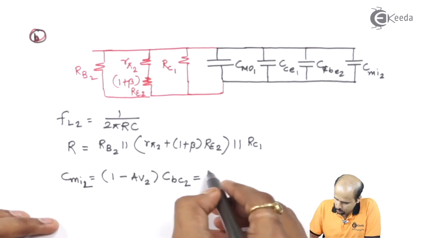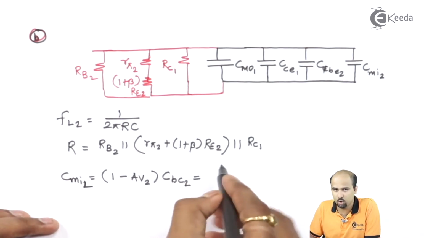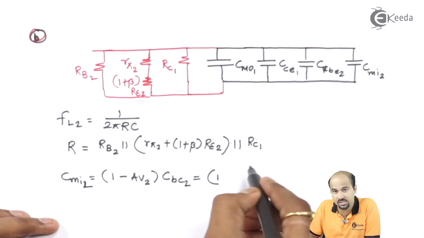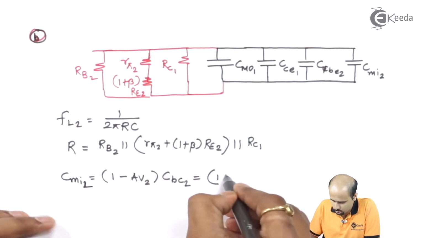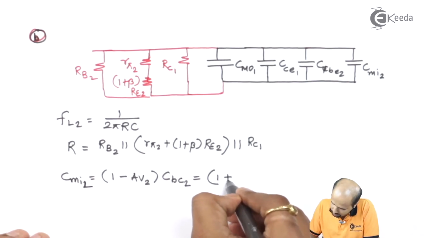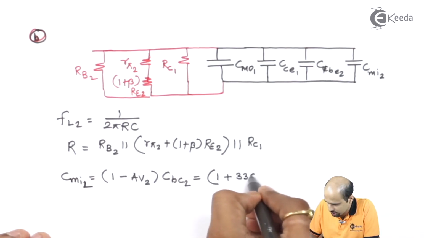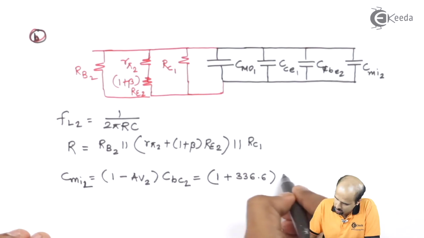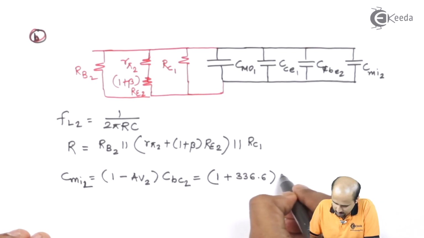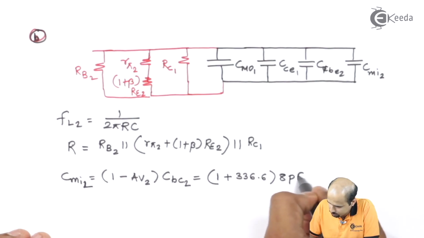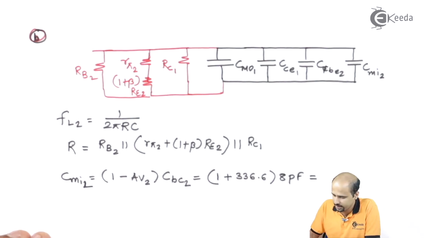We have the value of this AV2, that is nothing but minus 336.6. So with the minus becoming plus, it is 336.6 multiplied by CBC, that is given as 8 picofarad. So whatever value you get, write it down over here.